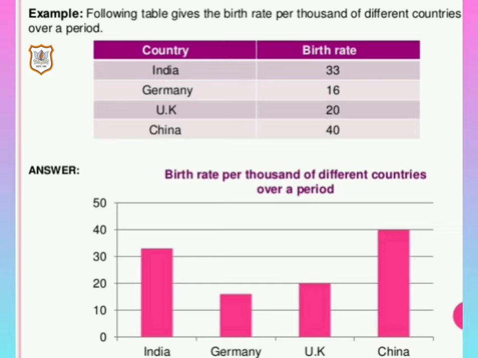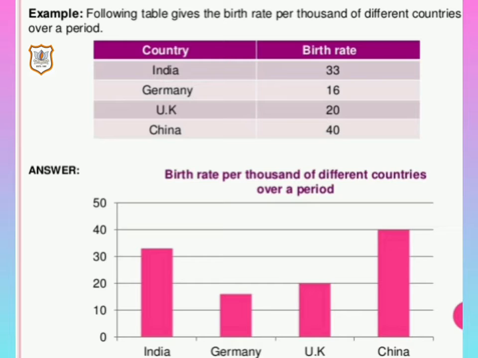According to the question, countries are shown on the x-axis and birth rate is shown on the y-axis. Taking 1 centimeter equals 10,000. So let's have a look at question and answer simultaneously. India is having 33,000 birth rate. So the bar of India is drawn a little above 30.